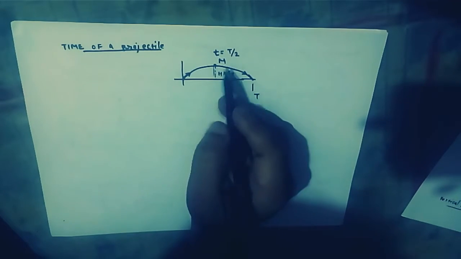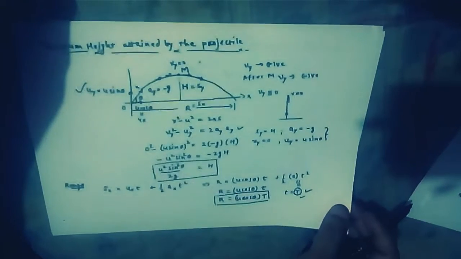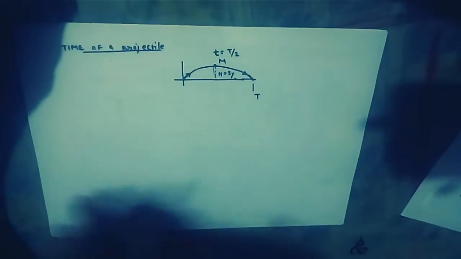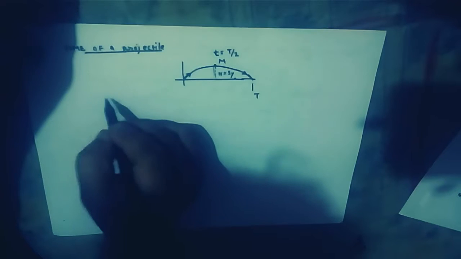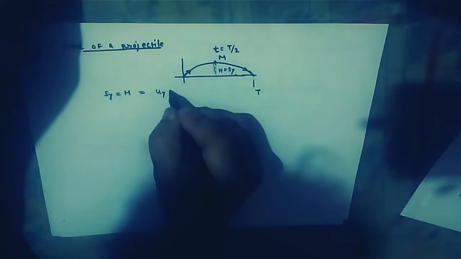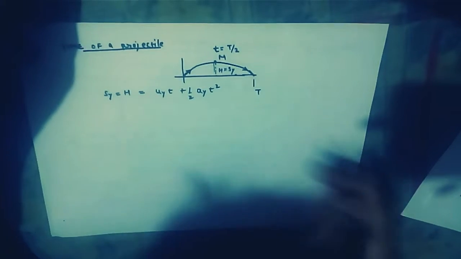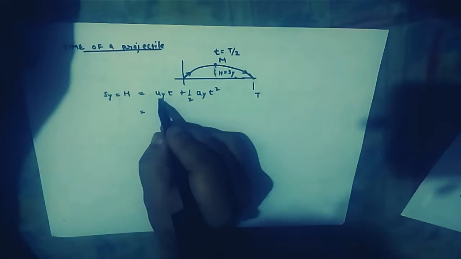So what is it that we have to find out? What is sy first of all? So sy is here H, and sy is uy t plus half ay t square. That we know. So what is uy?